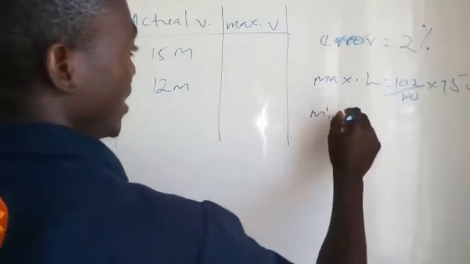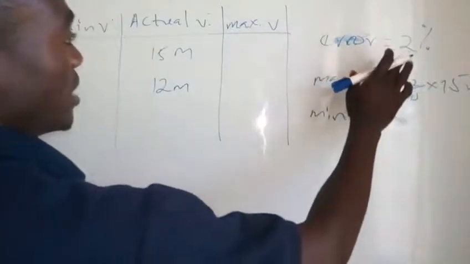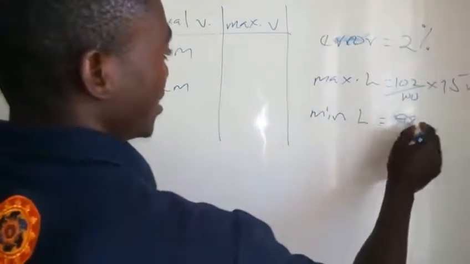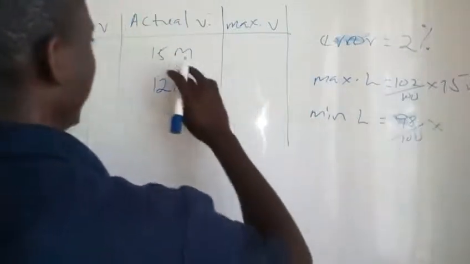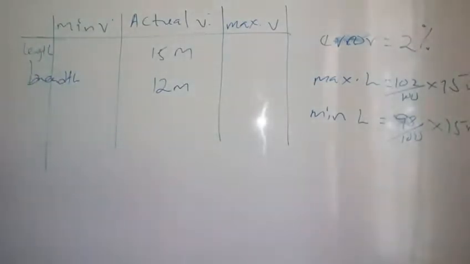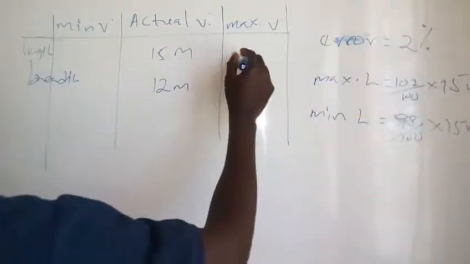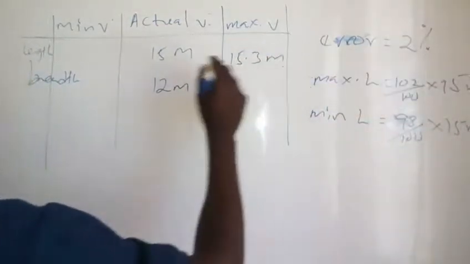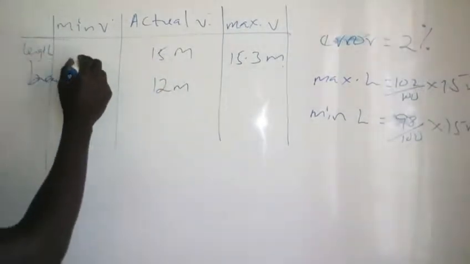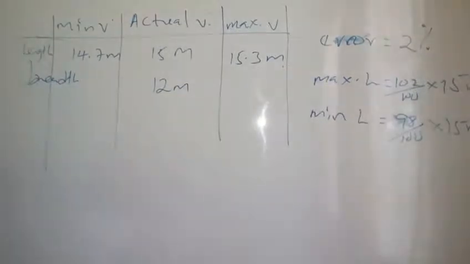To get the minimum length, you subtract the 2% from 100, that is 98 over 100, times the actual length, 15 meters. So that is the procedure. The maximum length is 15.3 meters, and the minimum length will be 14.7 meters.